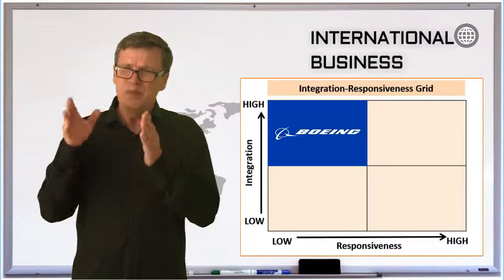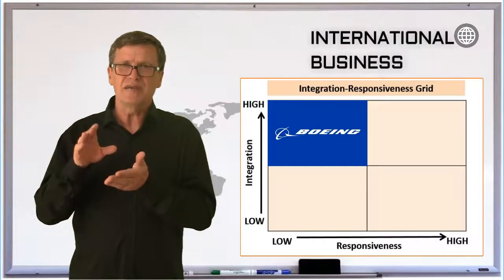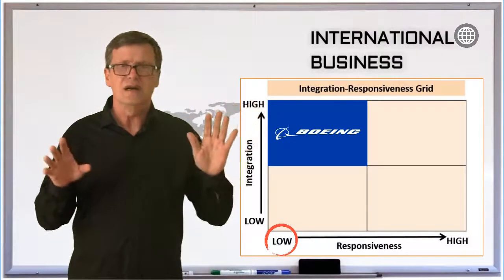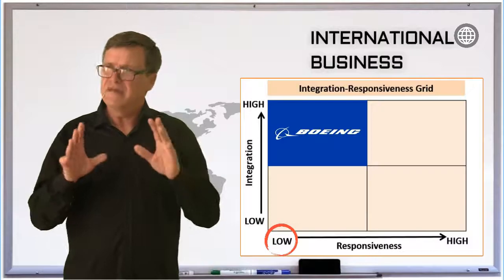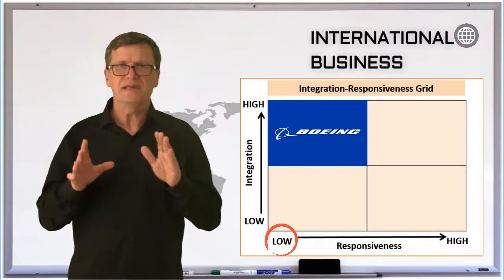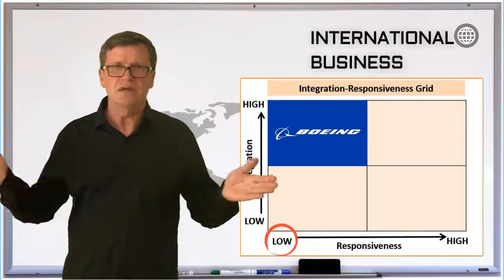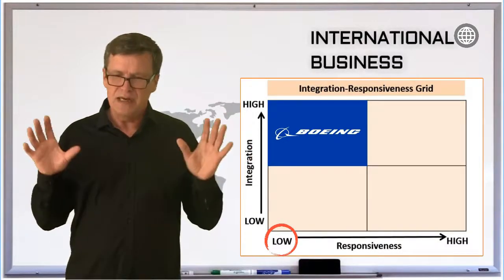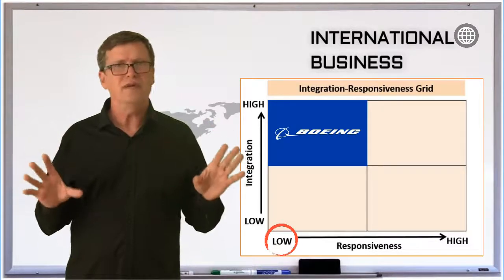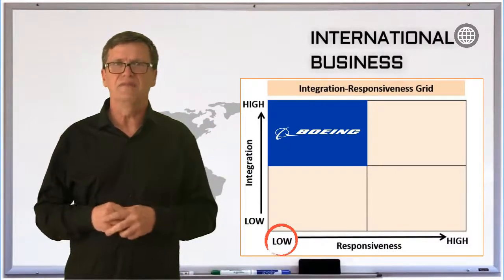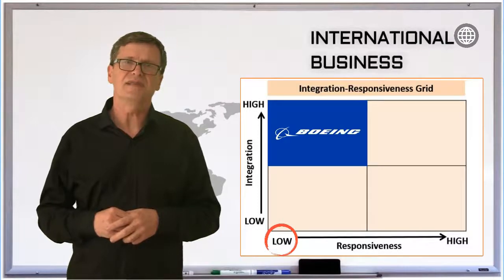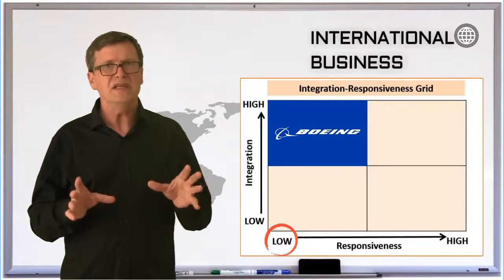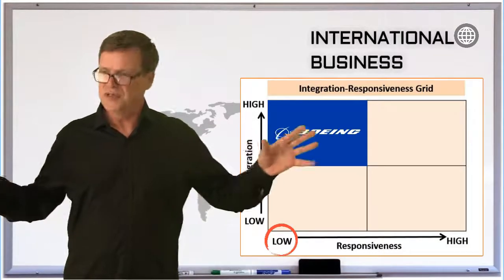Well, we placed Boeing in the global strategy box because most of the Boeing aircraft sold around the world are fairly standard, even if there are some local needs to meet, such as the interior colors or the seating or the power plants, the engines, etc. But in general, a Boeing 737, for which they have delivered more than 9,000 since they first started building them in 1965, is pretty much a standard product produced in the United States.